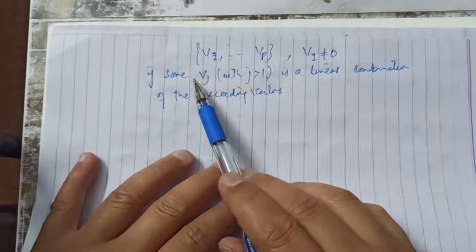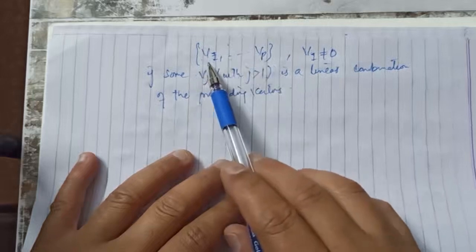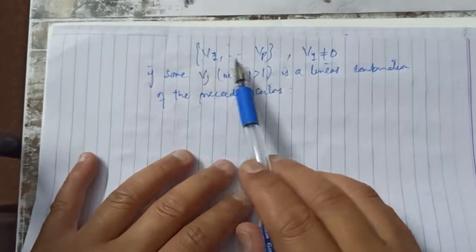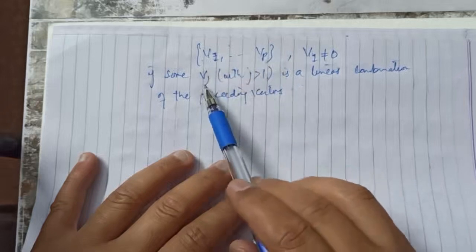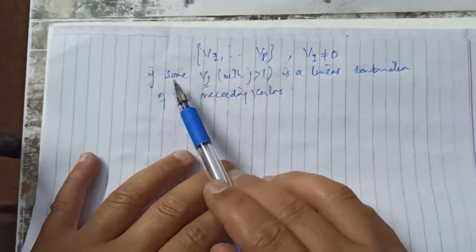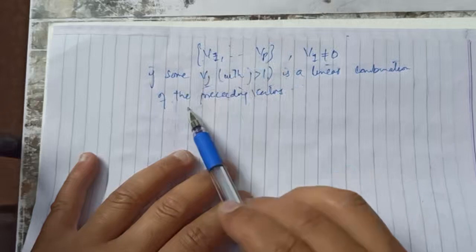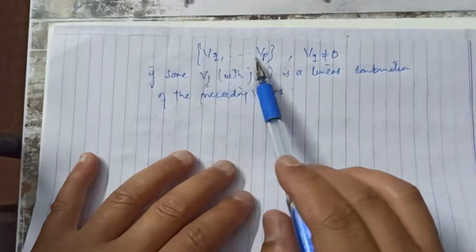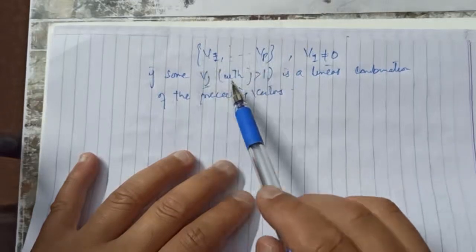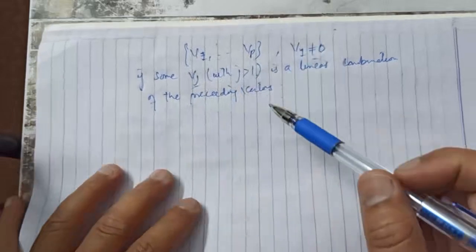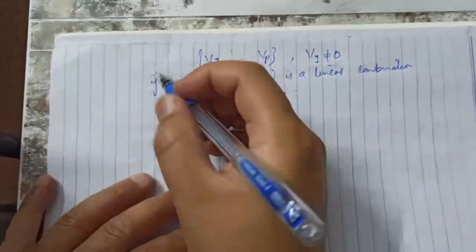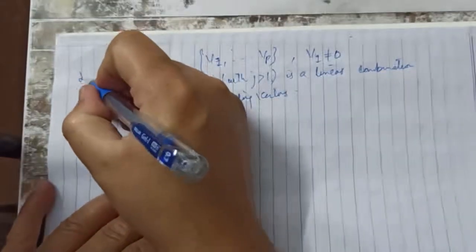If any vector, between 1 and p, let's call it vj, is a linear combination of the preceding vectors or other vectors in the vector space, then of course this is also a linearly dependent set.